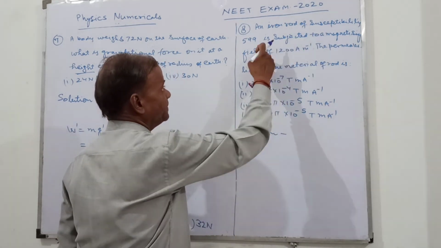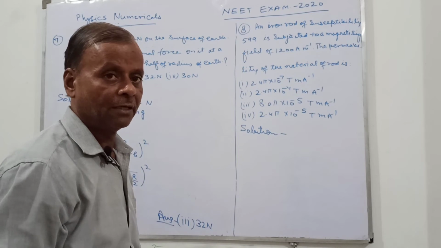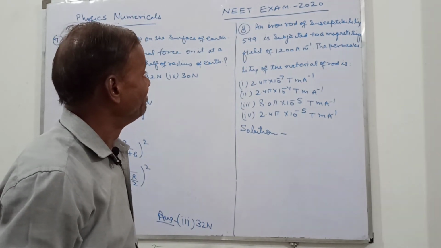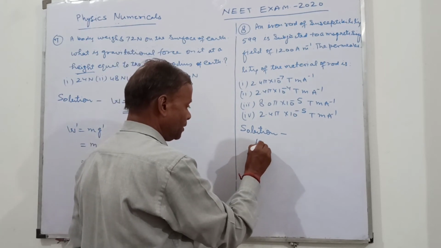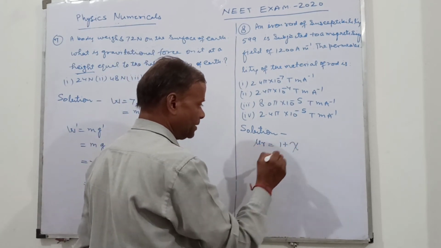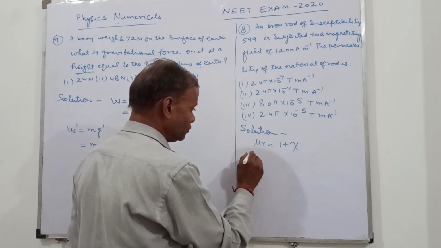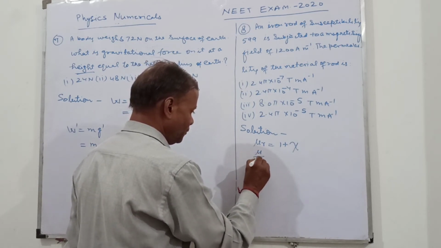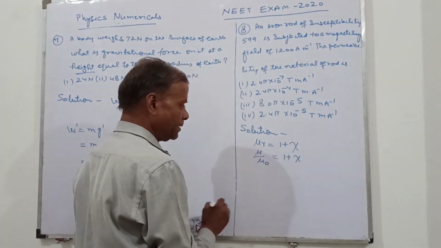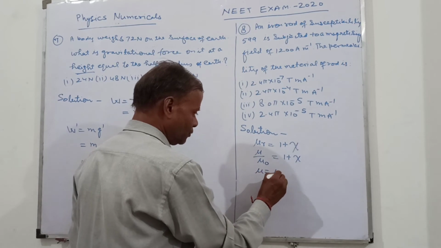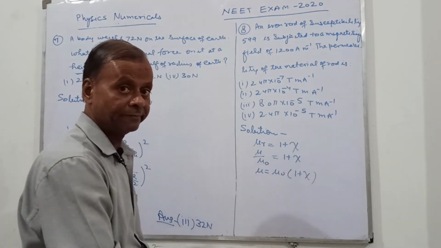You are given the susceptibility, so you must have the formula for susceptibility and relative permeability: mu r equal to 1 plus chi. Mu r is equal to mu upon mu naught equal to 1 plus chi, or mu equal to mu naught into 1 plus chi. This is the formula.